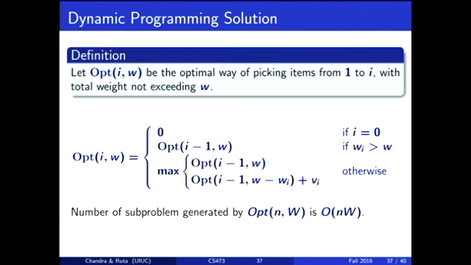For every size i and every capacity small w between 1 and capital W, I have a different problem that I have to solve, right? So there are n times capital W different problems, right? Okay.